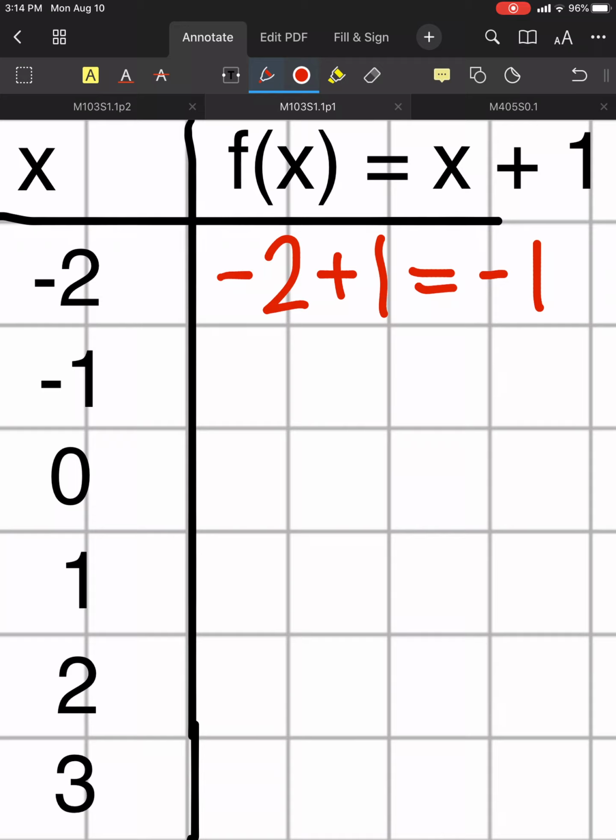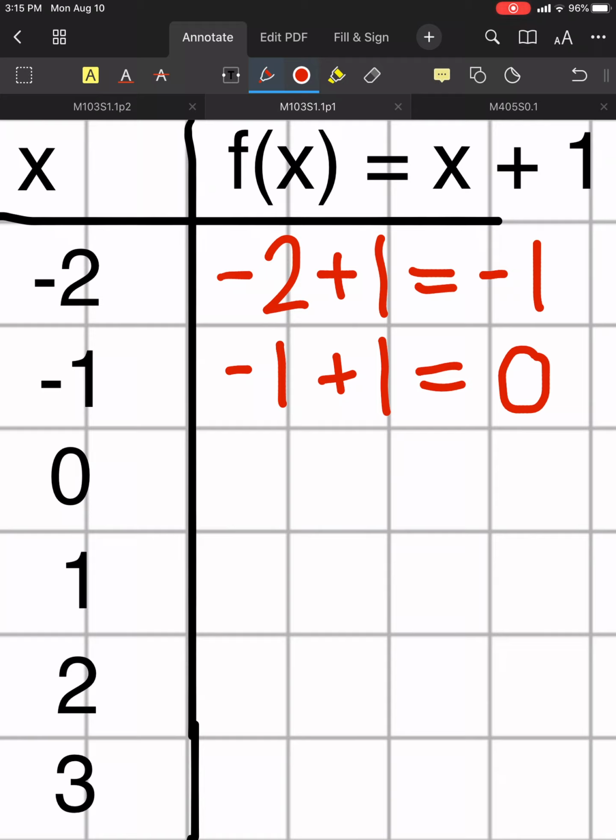Okay, fairly straightforward. We can keep doing this. If we take -1 plus 1, we get 0. I'm going to skip the actual plugging in and addition from here on down because it's just going to take up room and time, and you should be able to follow along.